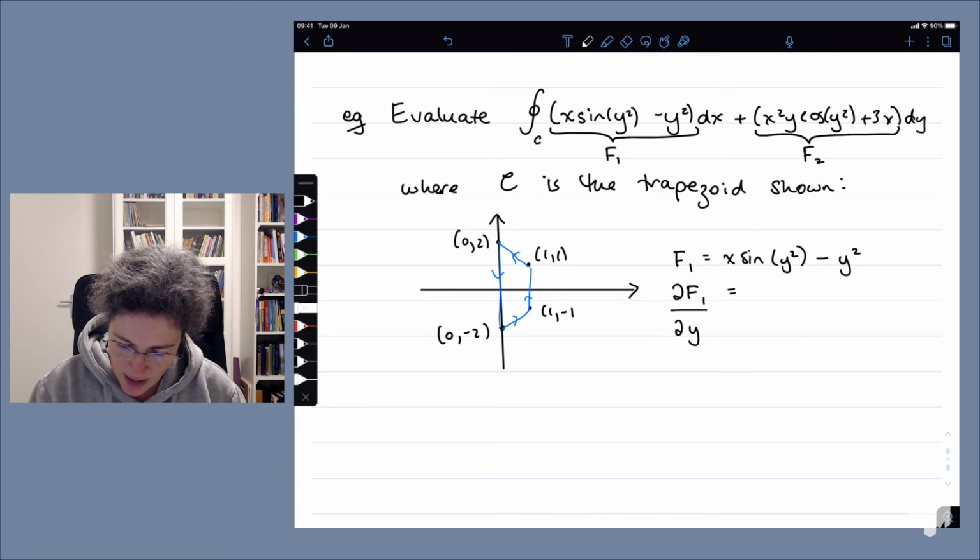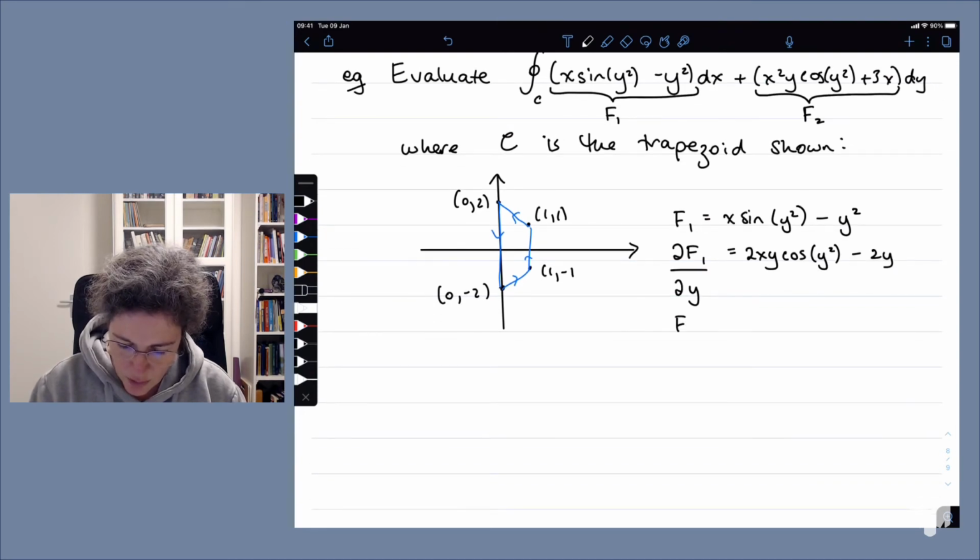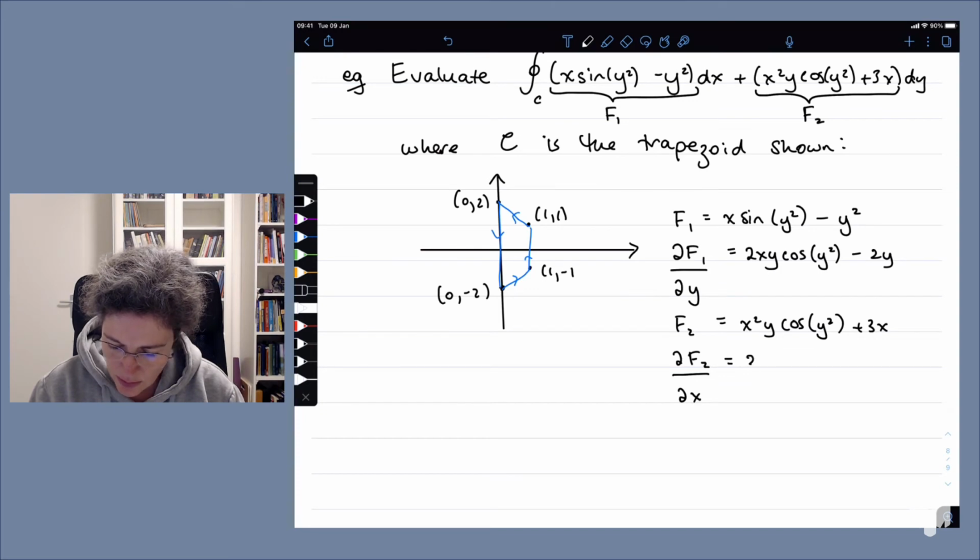That's going to be 2xy cos of y squared minus 2y, and f2 is equal to x squared y cos y squared plus 3x, and we're going to need the derivative of f2 with respect to x, so that's going to give us 2xy cos of y squared plus 3.